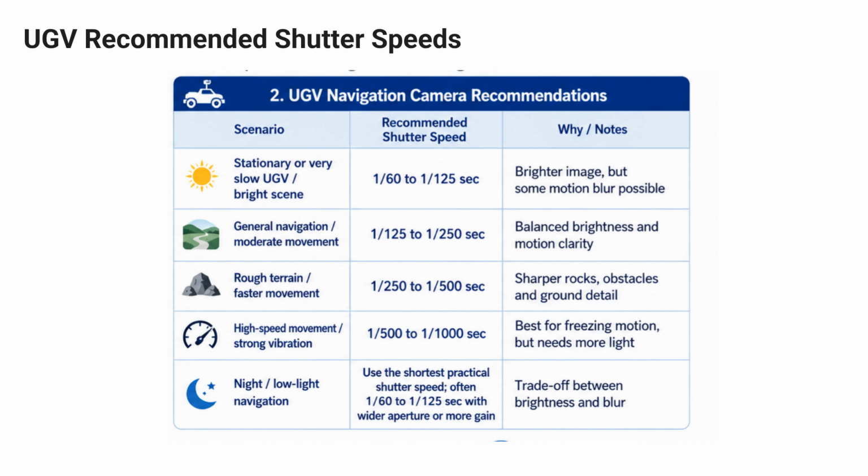On rough terrain or at higher speeds, 1/250 to 1/1000 second helps capture sharper obstacles and ground details, though it requires more light. For most vehicle operations, 1/125 to 1/500 second is a practical working range.